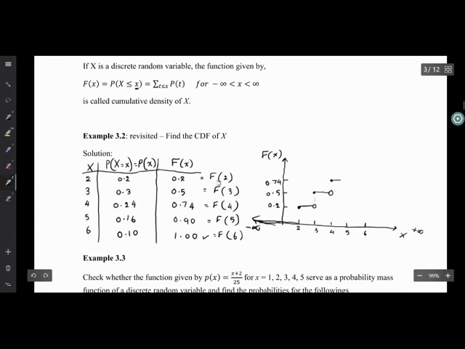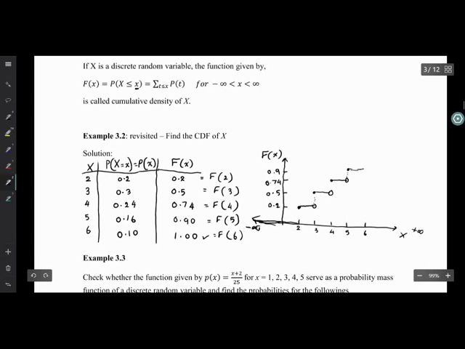And it will go up to 5. And soon after you attain 5, the probability will be 0.9. And then it will go up to 6.